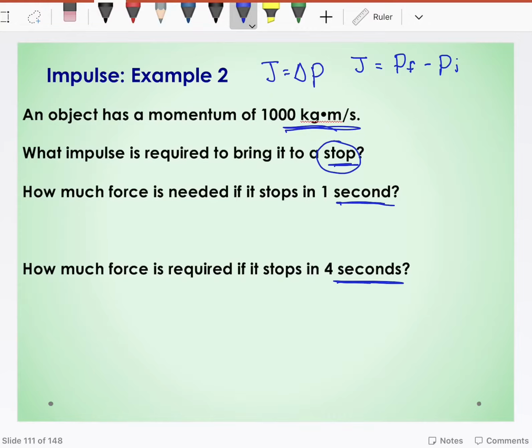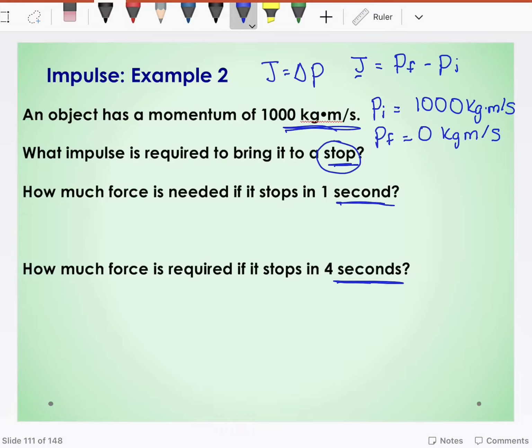And if final velocity is 0, final momentum is 0. So how we have to treat this is, this 1,000 kilograms meters per second is my initial momentum. My final momentum is 0.